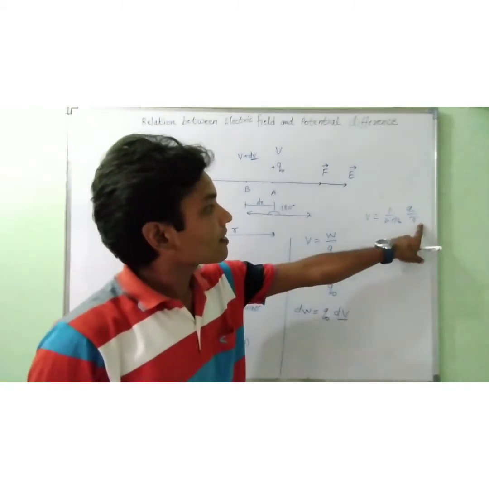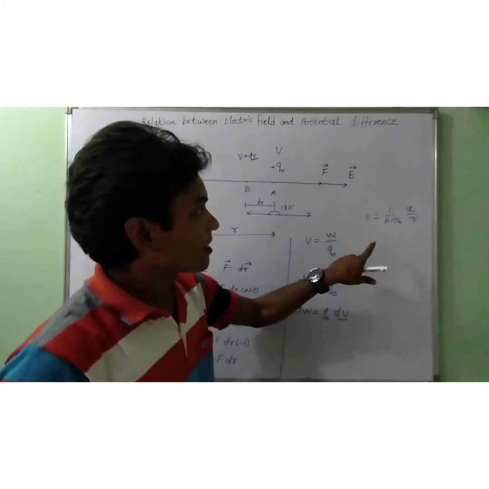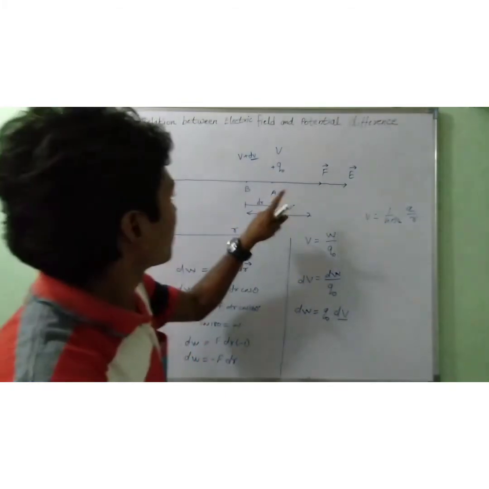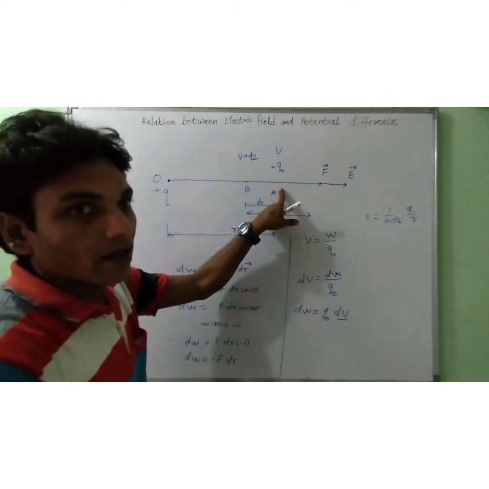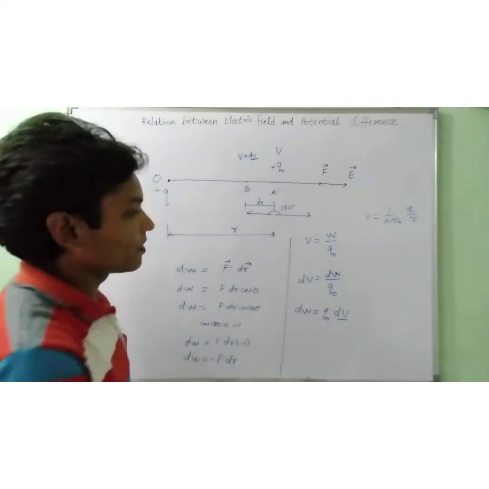When the distance is decreased, potential will increase. From this equation, potential at point A will be smaller than that at point B.